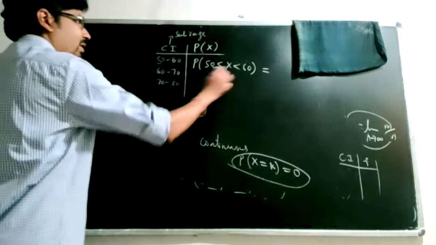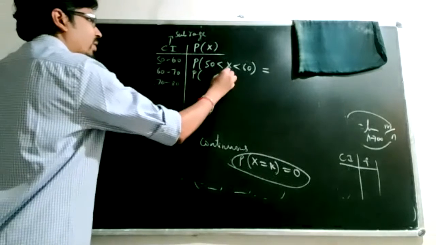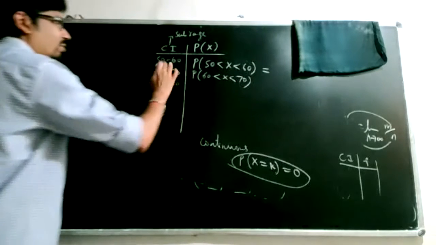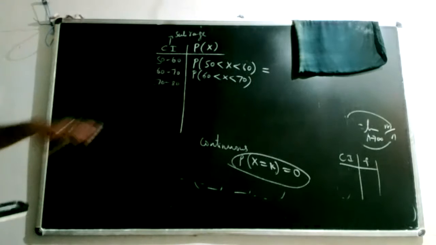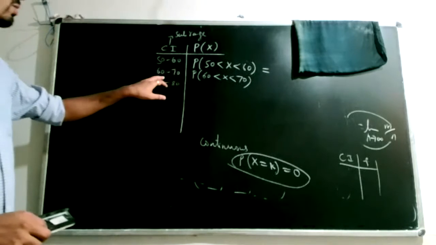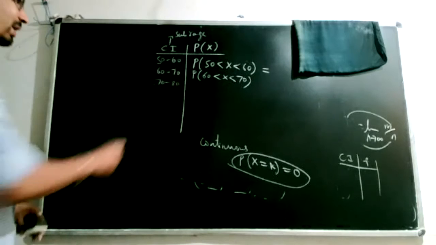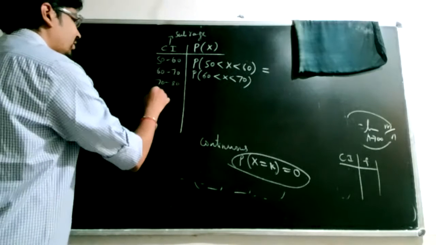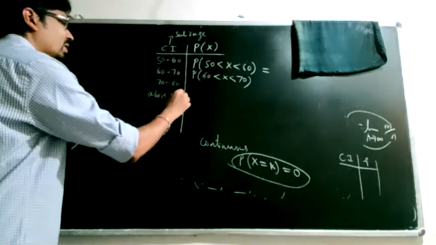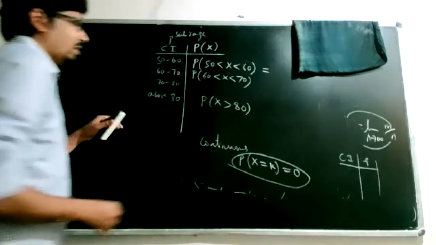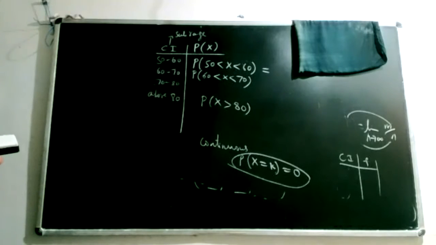Hence, for continuous distributions, you can obtain probabilities only for a small range. What is the chance that the weight is between 50 and 60? Or that the student's marks are between 60 and 70? Or, in an open-ended case, what is the probability that x takes a value greater than 80?